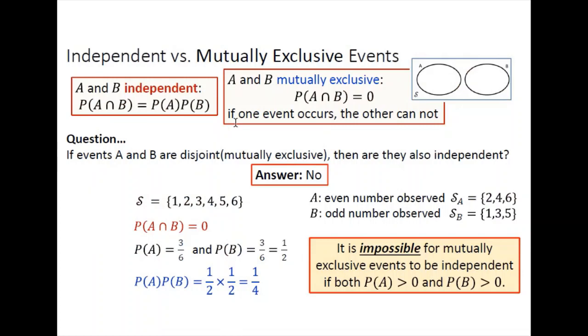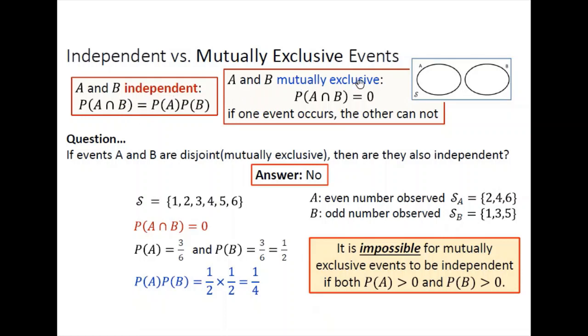But what is the difference between independent events and mutually exclusive events? A and B are mutually exclusive if the probability of the intersection is 0. But A and B are independent if the probability of the intersection is the probability of A multiplied by the probability of B. It doesn't mean that the probability of A and B is 0.